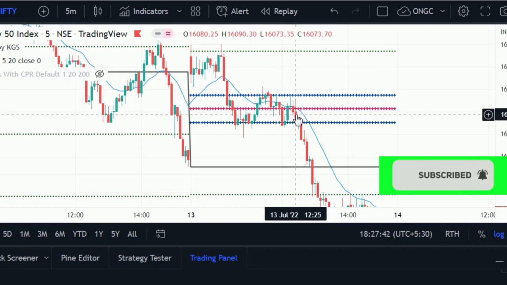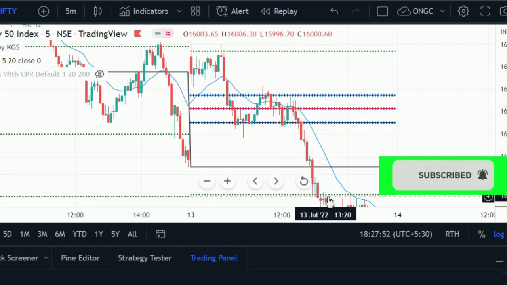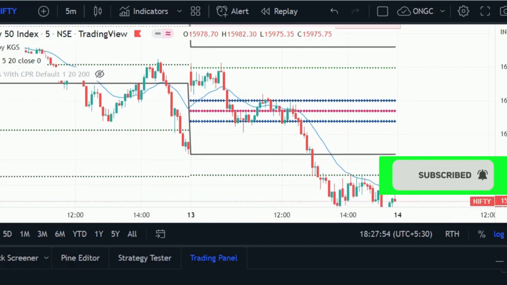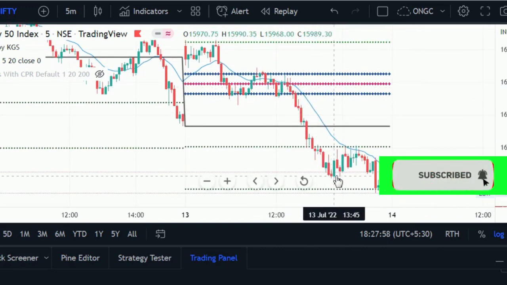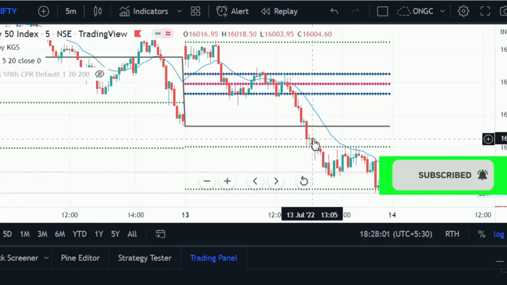The overall market sentiment is bearish, so I am very confident that a fall will happen, but I don't know whether the follow through is till here or here.